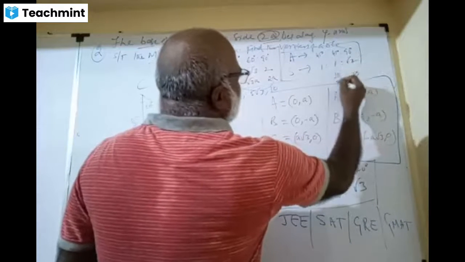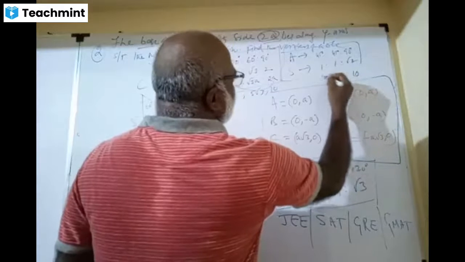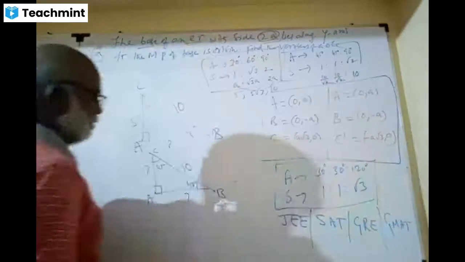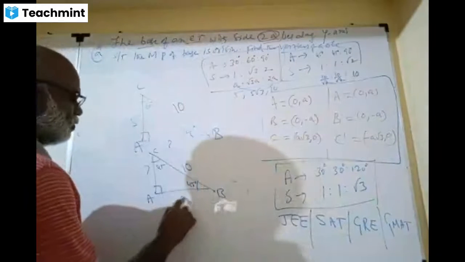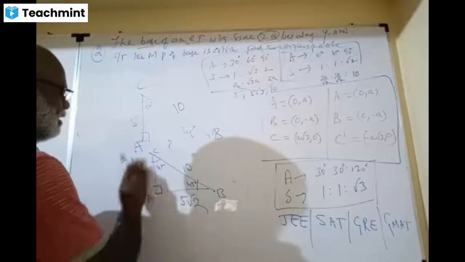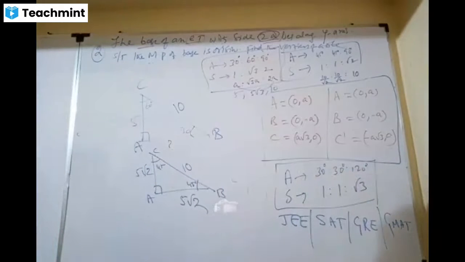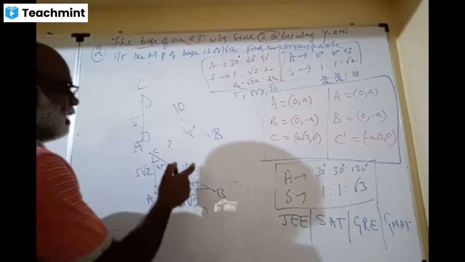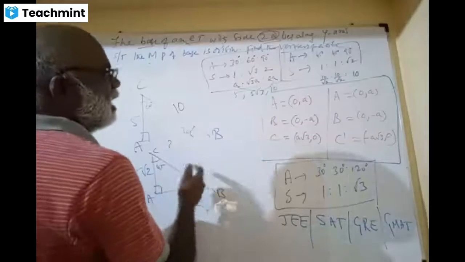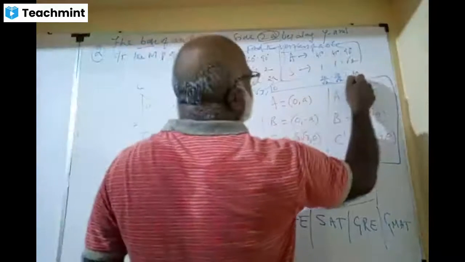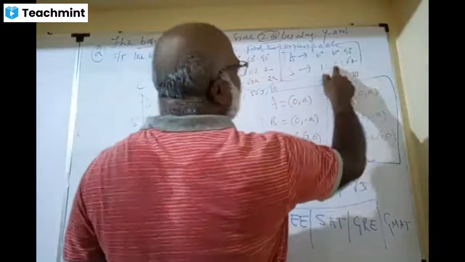Divide with root 2. 5 root 2, divide with root 2. Divide with root 2: the hypotenuse root 2 corresponds to 10 units, 1 corresponds to what? Less means what? Divide.